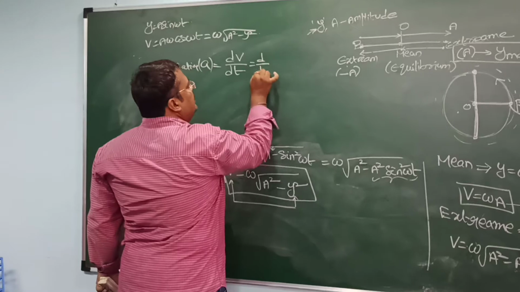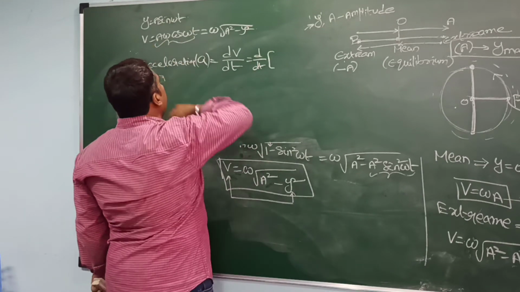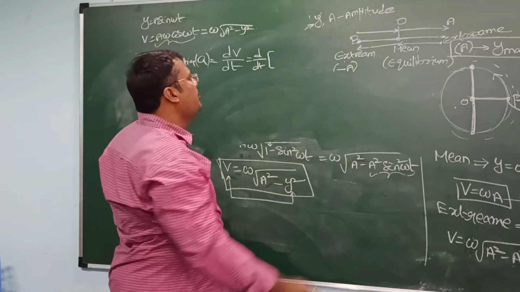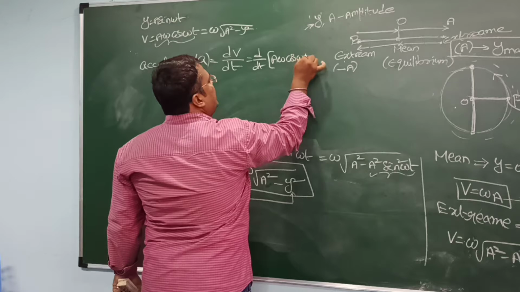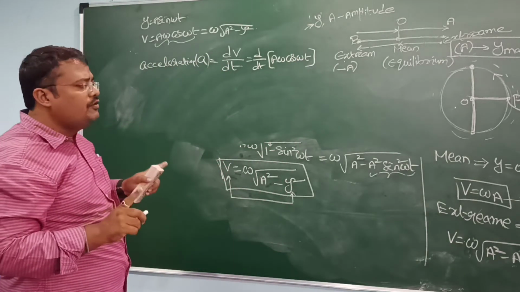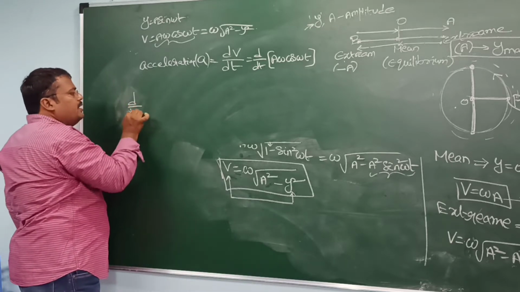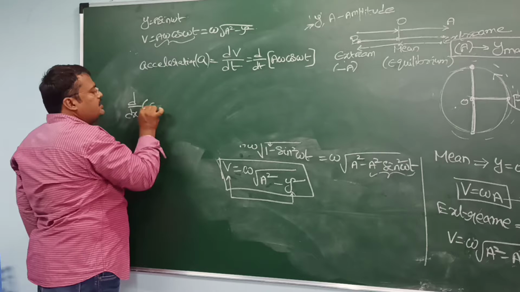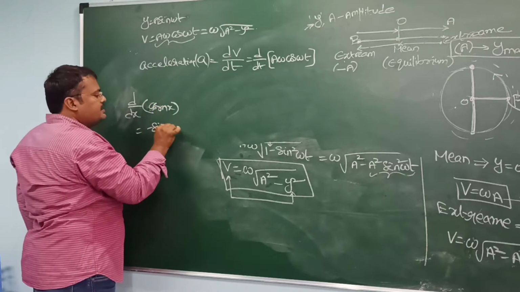So d by dt of, what is the formula? A omega cos omega t. You substitute this one, a omega cos omega t. We know d by dx of sin nx is equal to n cos nx, and d by dx of cos nx is equal to minus n sin nx.